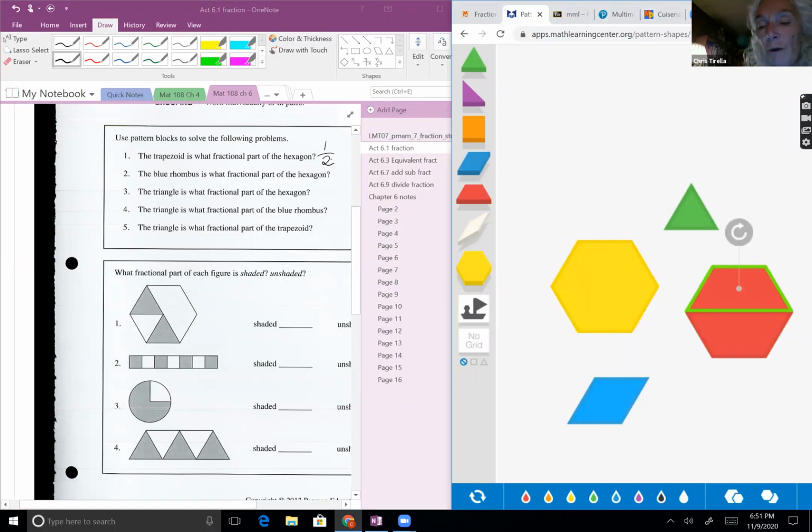Could you folks play around with your blue rhombuses and figure out how many blue rhombuses it would take to cover that yellow hexagon? And so what fraction of the yellow hexagon is that blue rhombus?